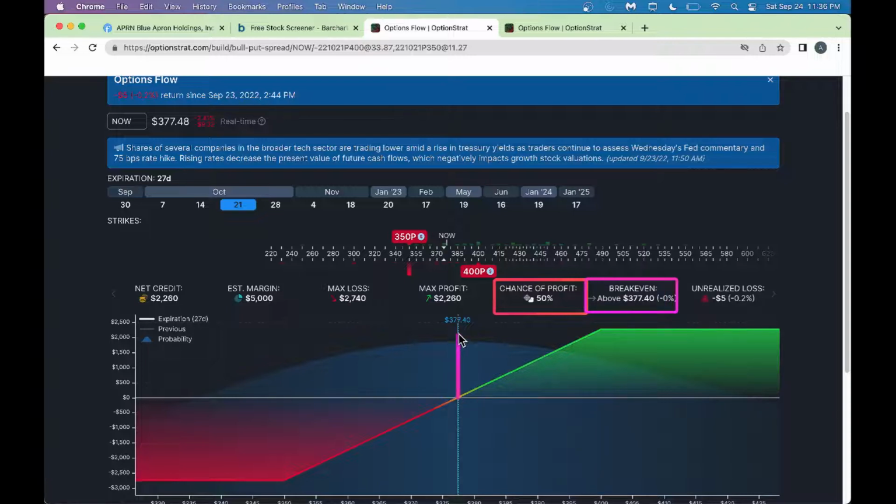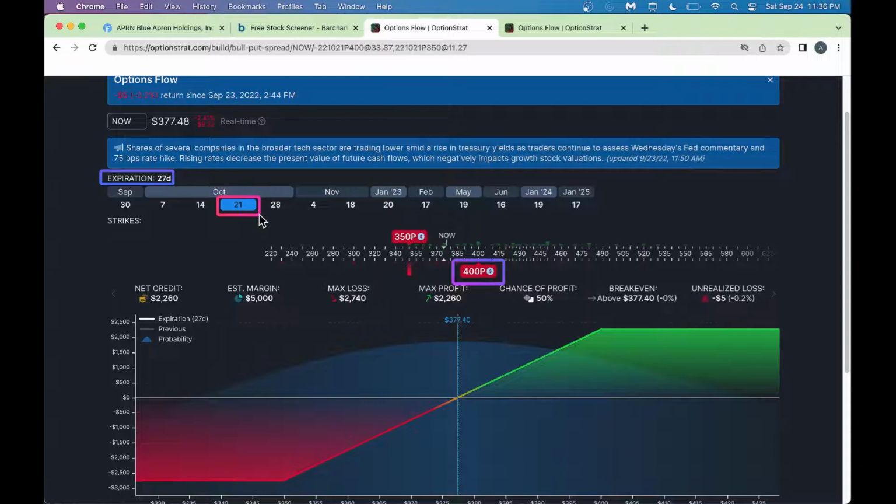If the stock price is about 377.40, you'll break even, and you'll collect the max 2,260 profit if it's above the $400 mark by expiration, which is October 21, as you can see here.